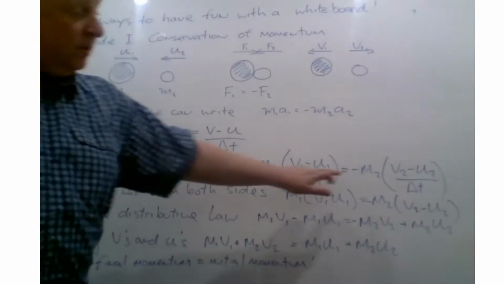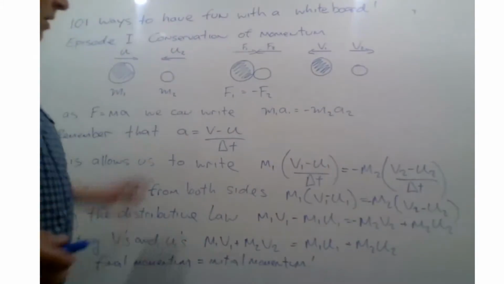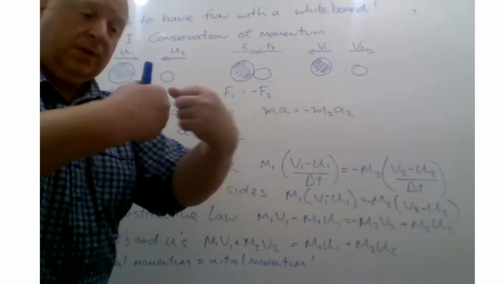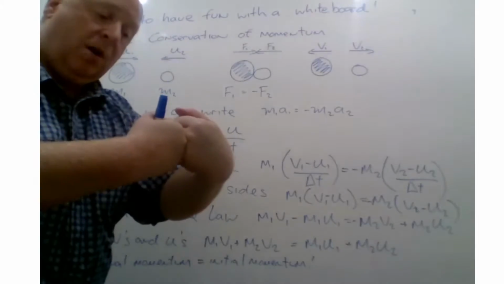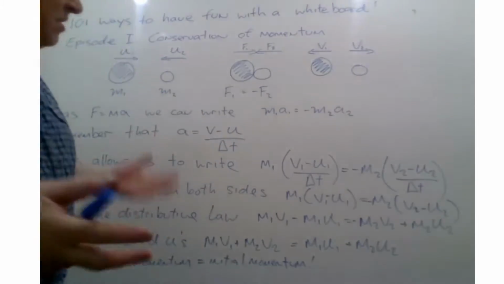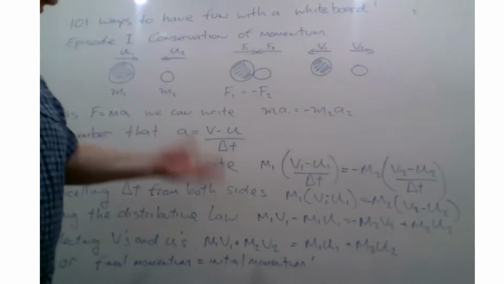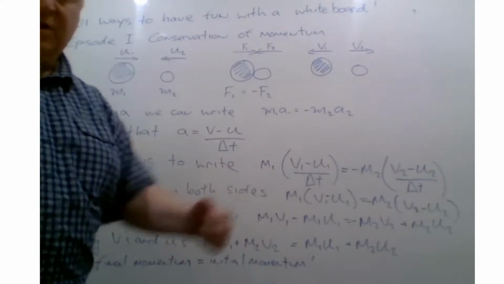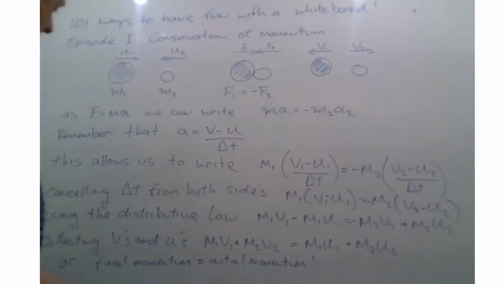Of course, the time for the collision is going to be the same for both, because it's the time it takes from when the forces are applied to when they separate again. And in most situations, that's going to be a very small value. These collisions happen very quickly.